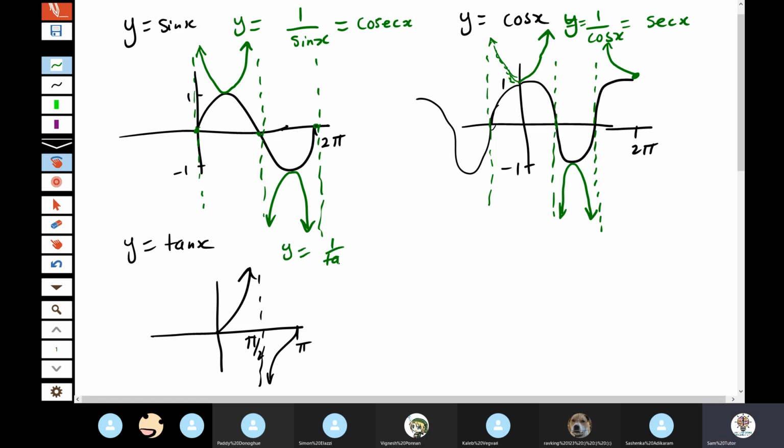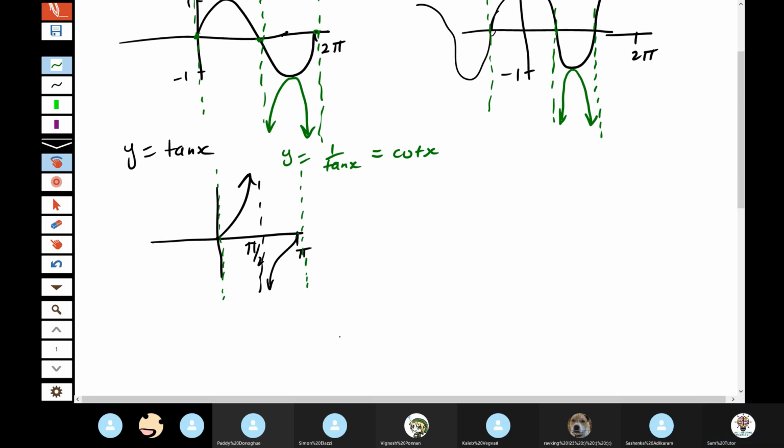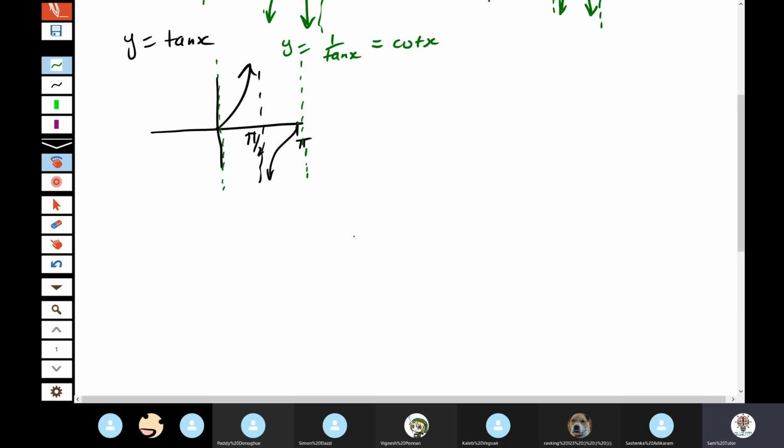Y equals 1 over tan, which equals cot x. 1 over 0, undefined. 1 over 0, undefined. There you go, so you guys don't confuse yourselves. 1 over undefined. Well, technically it should still be undefined, right?